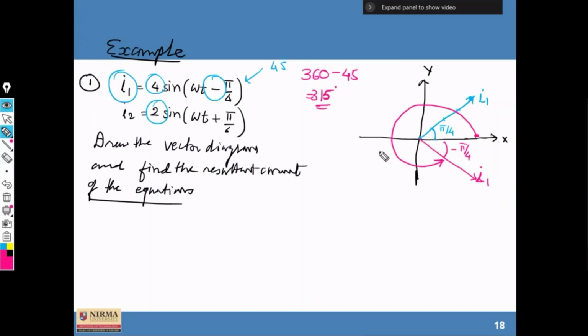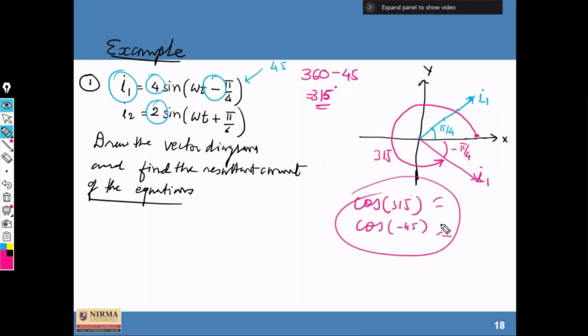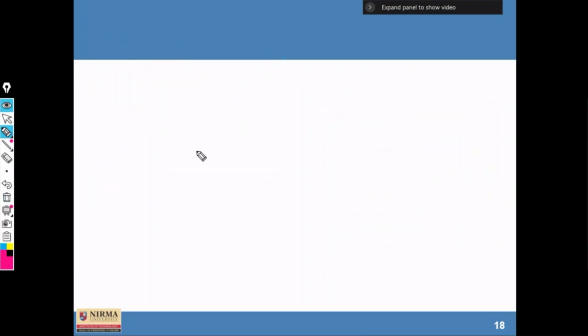So this angle is 315. Either if you write cos 315 or cos minus 45, you'll get the same answer in both the cases. Clear?